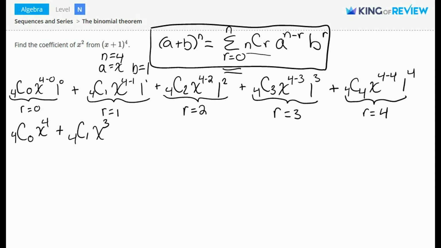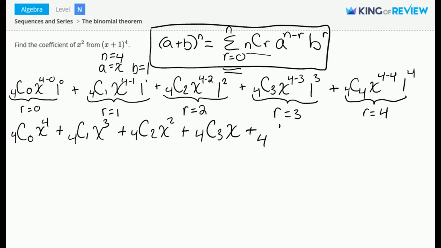Now, 1 to the first power is 1, so I don't need to include that there. Next, for r equals 2, we have 4C2 times x squared times 1 to the second power. Again, we don't need to include that because it's just the 1 there. And 4C3 x to the first power, so just x, times 1 to the third, which is just 1.